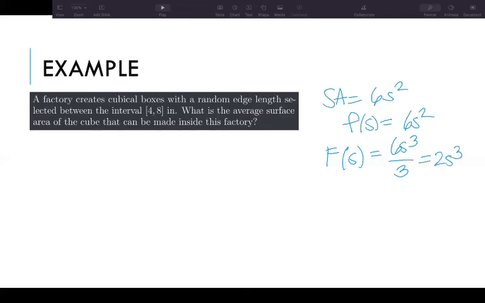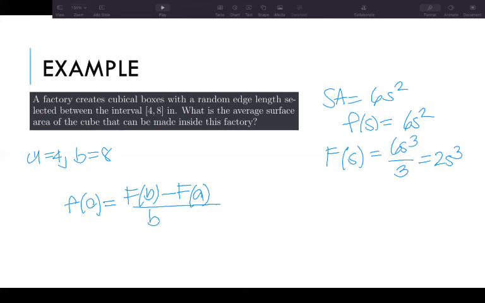Now, we can apply the mean value theorem. Remember that our b is 8, then a is 4. We have f of c equals capital F of b minus capital F of a all over b minus a.